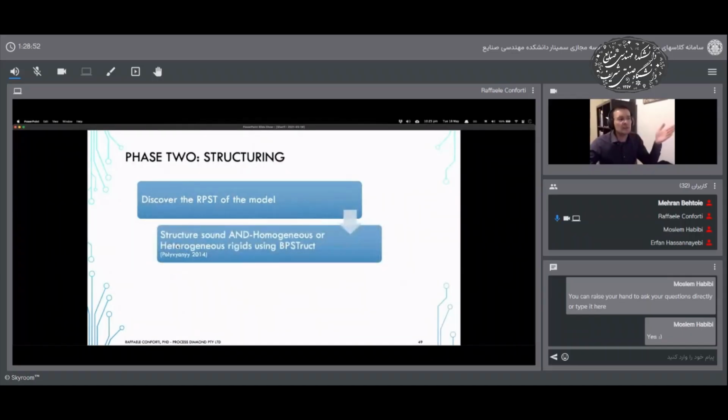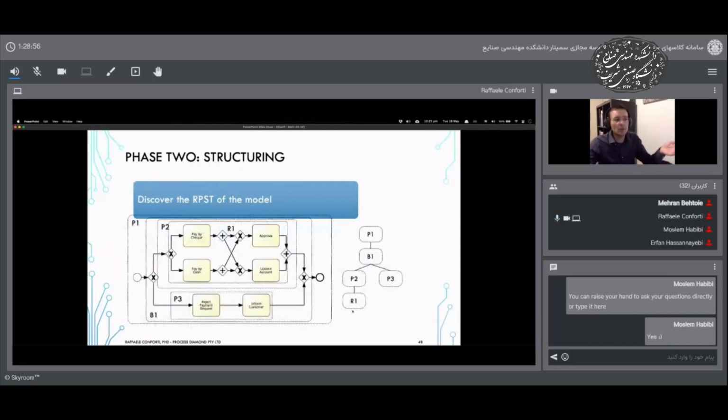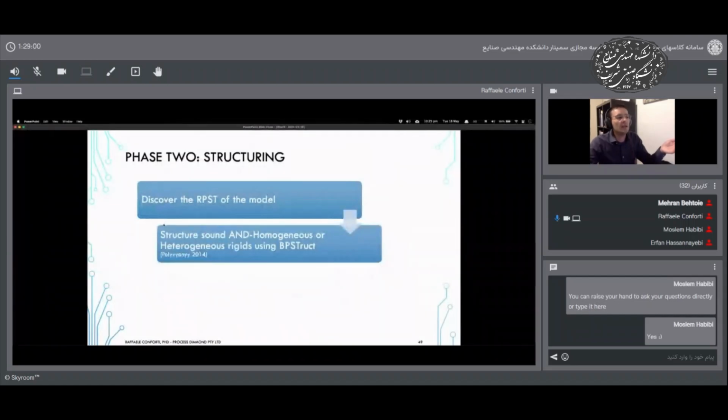Once we have this structure, basically starting from the bottom of this tree, you navigate it backward, and you apply two types of techniques.